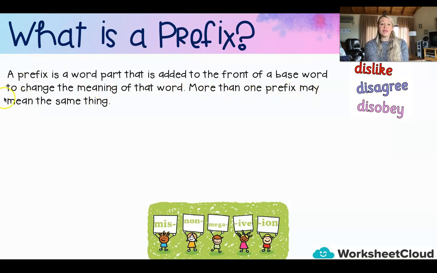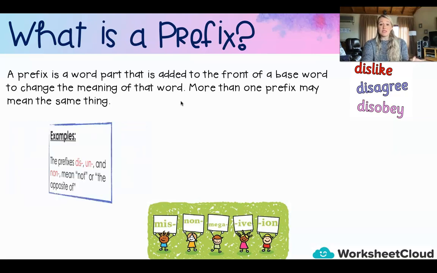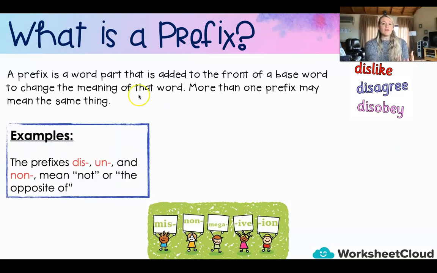More than one prefix may mean the same thing. Interestingly enough, we have certain prefixes that, when we add them onto a word, actually mean the same thing. For example, if you put dis before a word, un before a word, or non before a word, all of them mean the opposite of, or not.